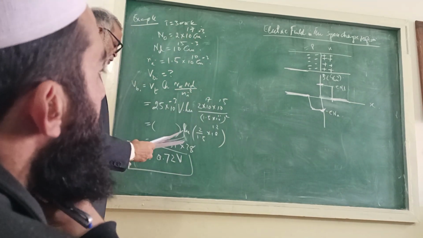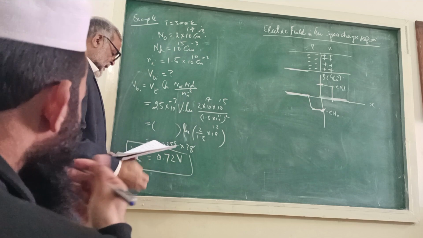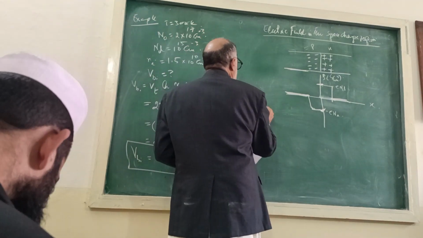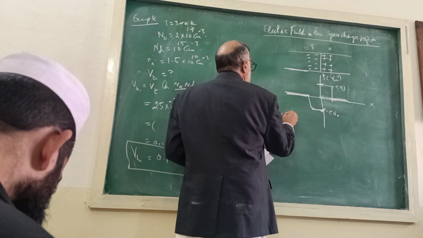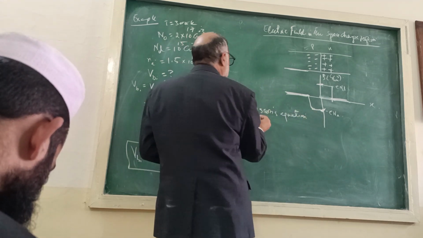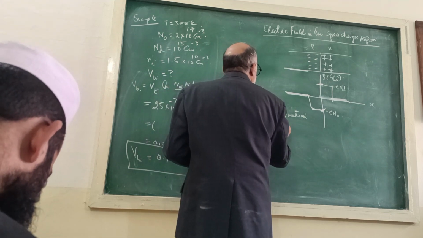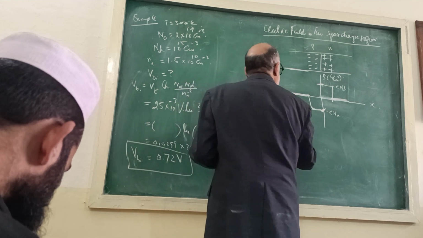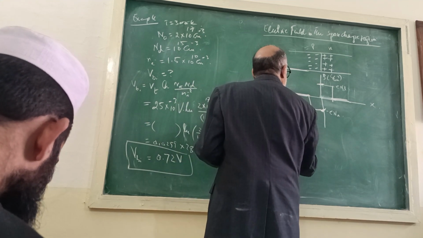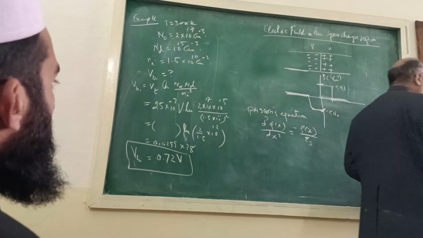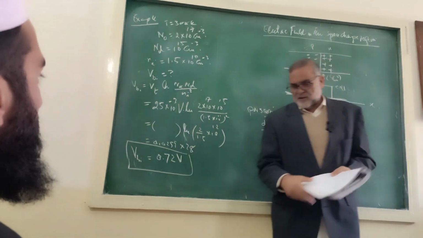So we want to find the electric field from Poisson's equation. d squared phi by dx squared is equal to minus rho of x over Es, where Es is the permittivity of the semiconductor.